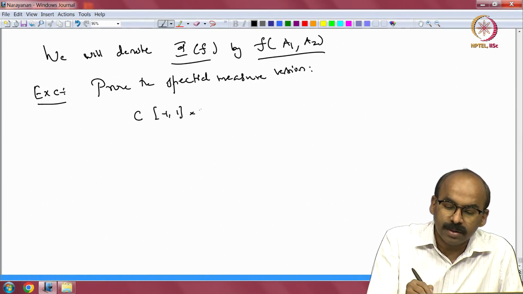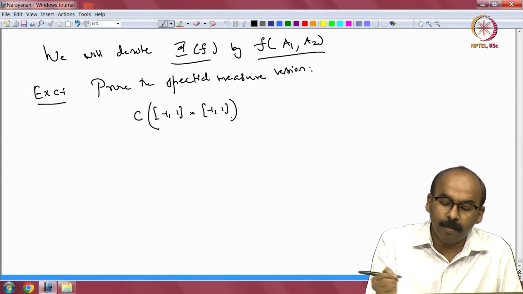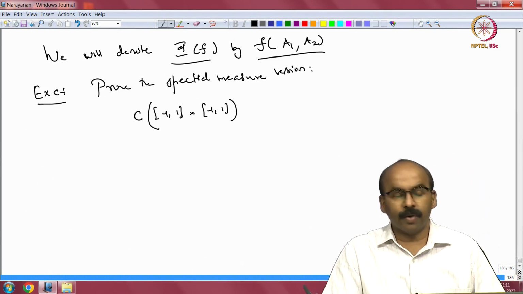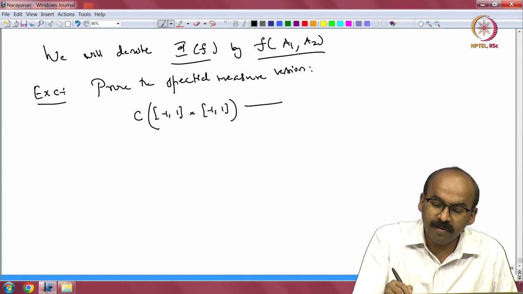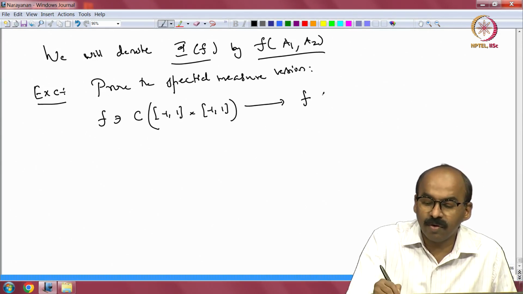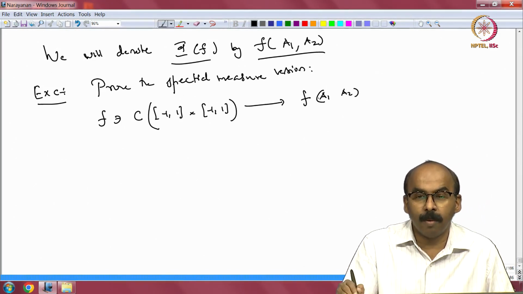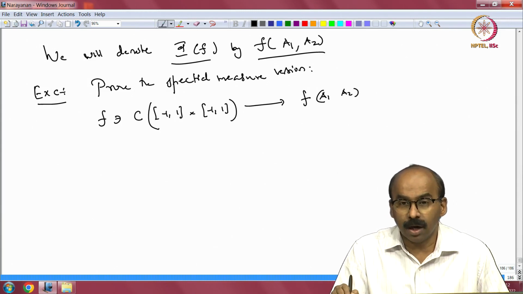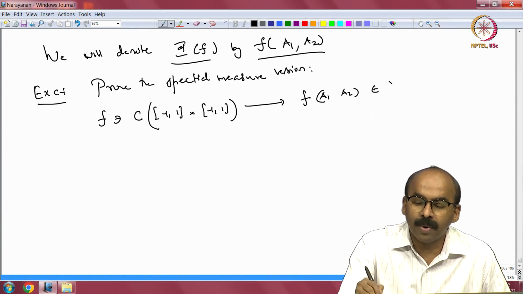So, there should not be any confusion here. We are assuming that norm a1 and norm a2 are less than or equal to 1, right. So, what we have is the continuous functional calculus. So, f goes to f of a1 a2, and that is a star homomorphism, right, a continuous star homomorphism to bounded operators on your Hilbert space. Okay.